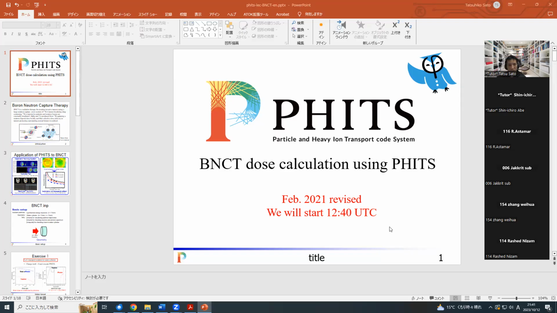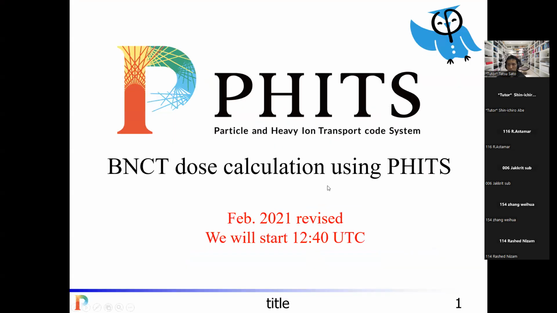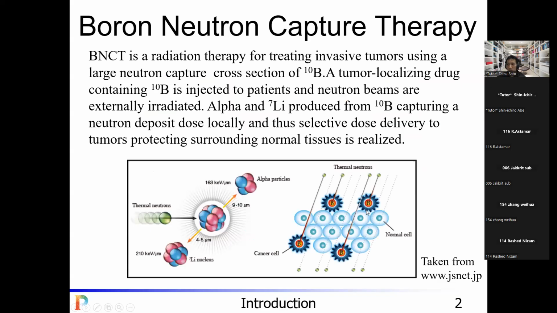Most of you know at least what BNCT is, but at the starting point I will very briefly explain it. BNCT is a radiation therapy for treating invasive tumors using boron-10, which has a large neutron capture cross-section.